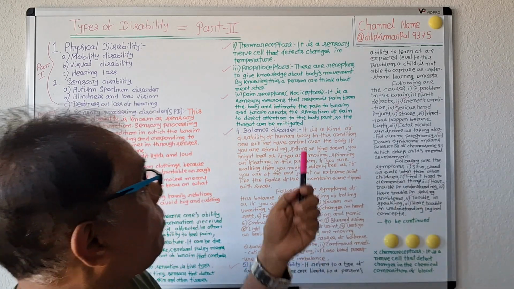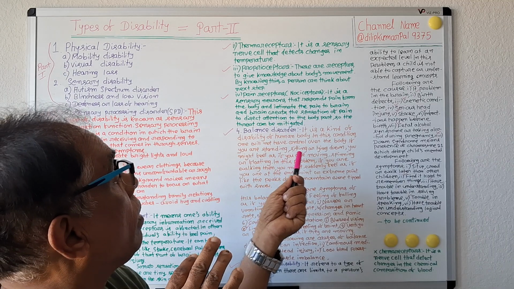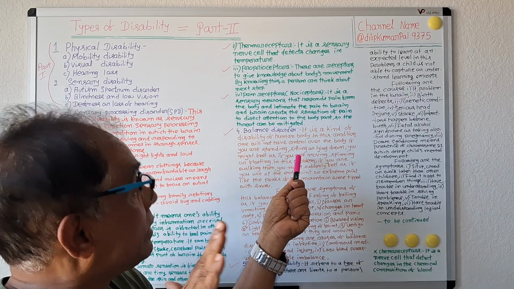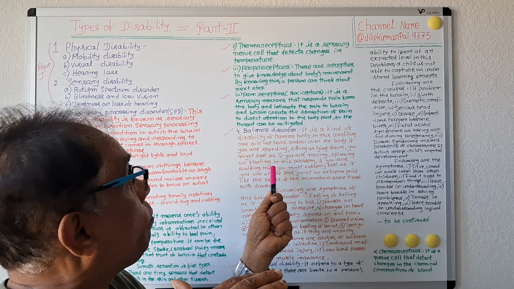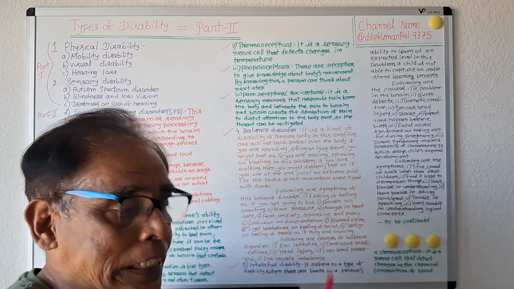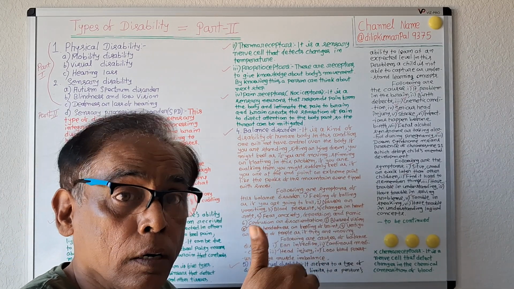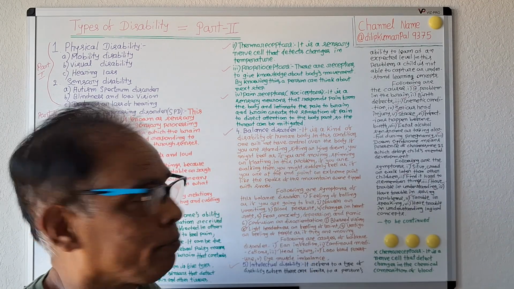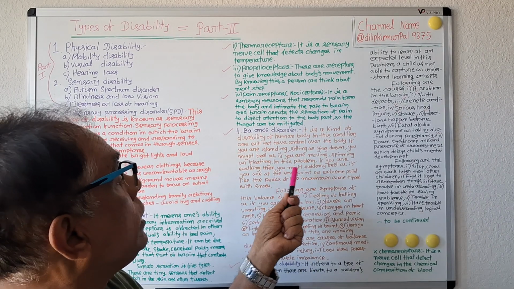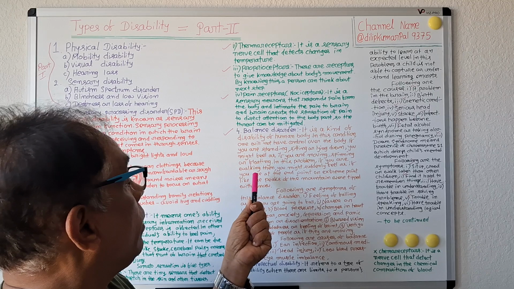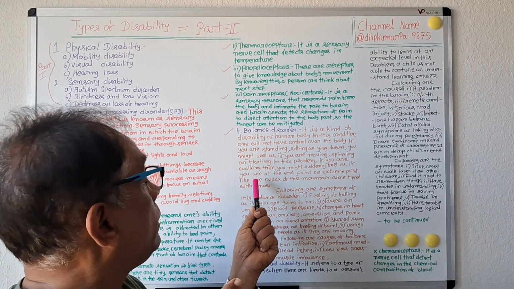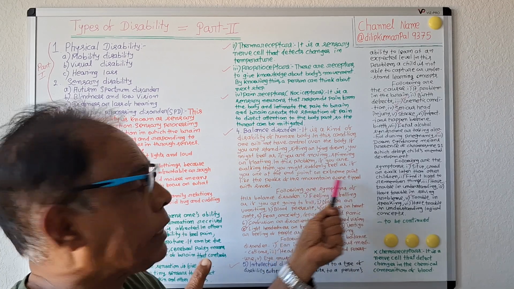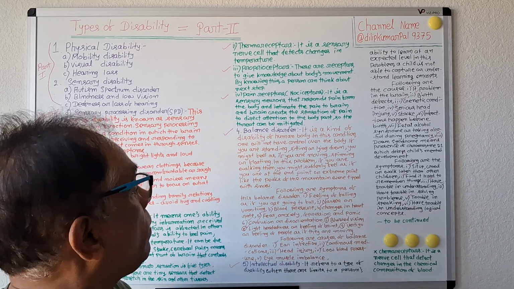Even if you are sitting, you feel as if you are moving or floating. In this problem, if you are walking, you might suddenly feel as if you are at the end point or extreme point, like the peak of a mountain tipped with snow.